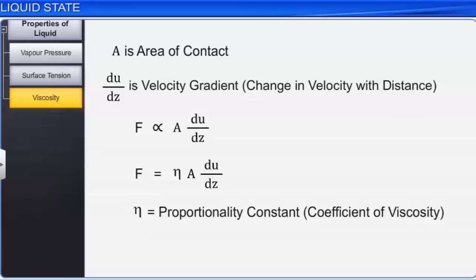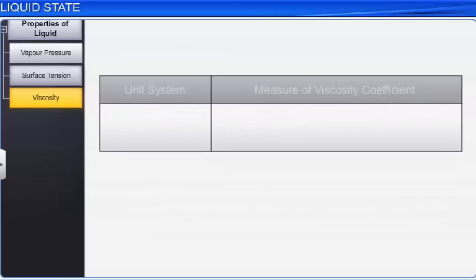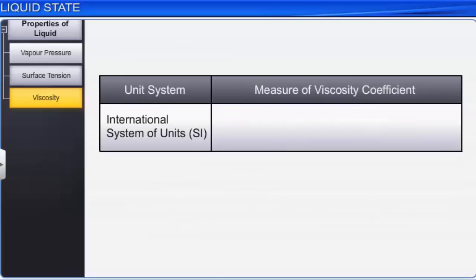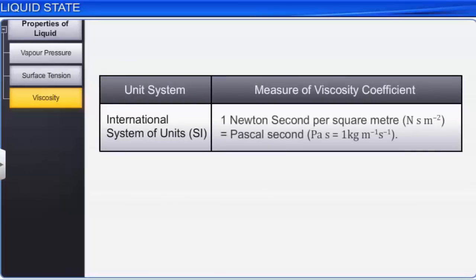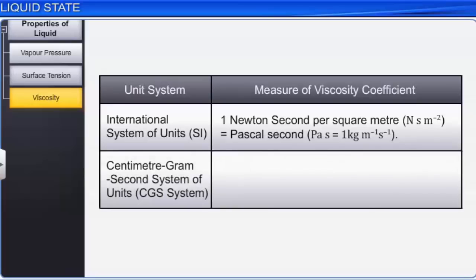The SI unit for the viscosity coefficient is 1 Newton-second per square meter, which is identical to 1 Pascal-second. In the CGS system, the unit for the coefficient of viscosity is poise, named after the great scientist Poiseuille.